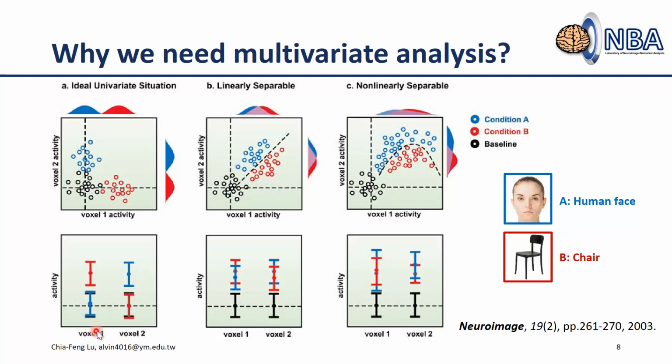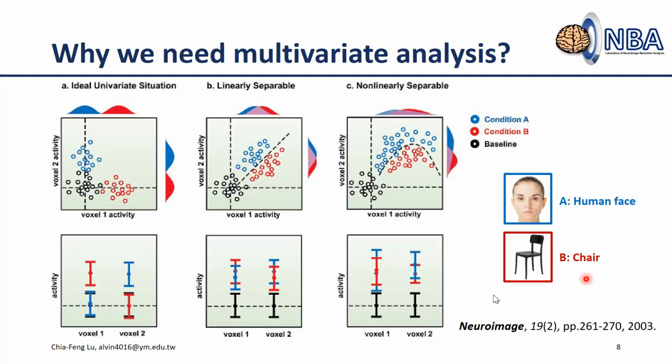So now we have two different voxels, or sometimes we say two different variates. We'd like to differentiate two different activities. For the first condition, we display a human face to our subject. For the other condition, we display a chair picture to our subject. So the difference is human face versus object pictures right here.